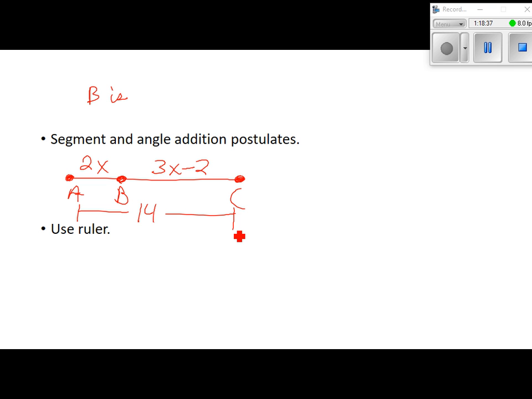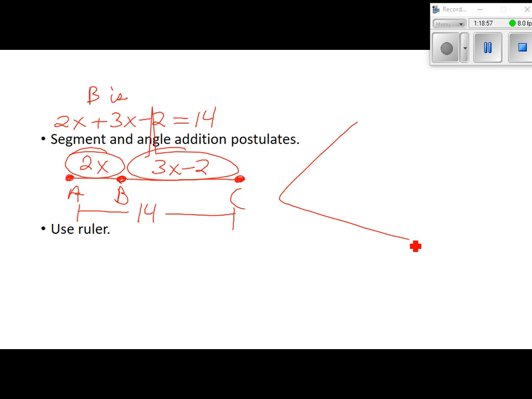You've got to be able to label it and do all that. The equation would be 2x plus 3x minus 2 equals 14. We don't want to solve it here. That plus that has to equal the whole thing.